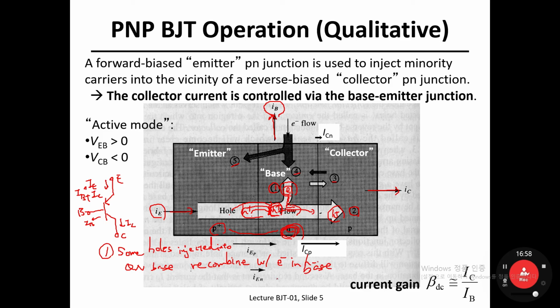In this case, I'm talking about this part. Some holes means, think about the amplitude of this arrow, the height of this arrow, and a slight part of it has been used to recombine with electrons. Okay, and take a look at the second one.